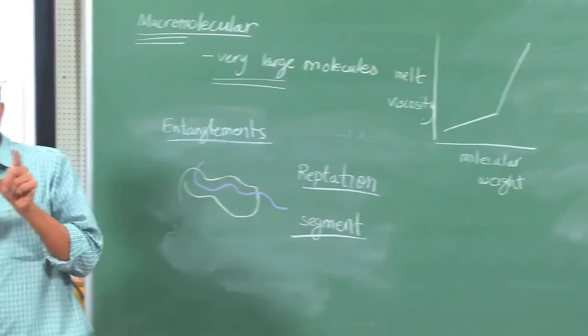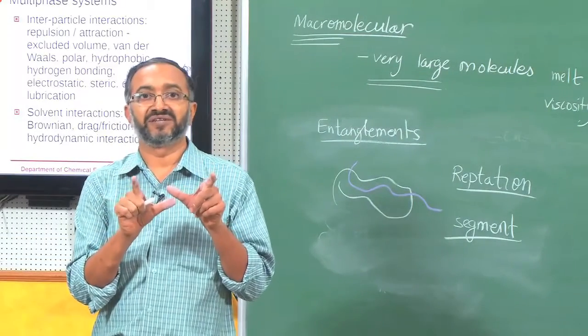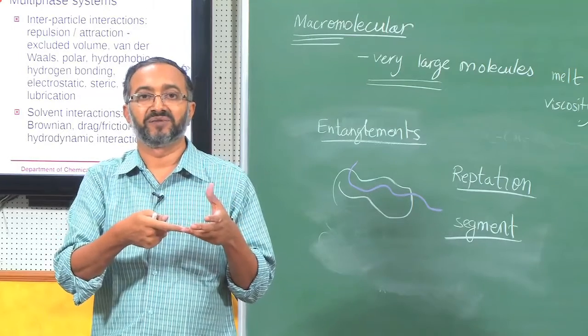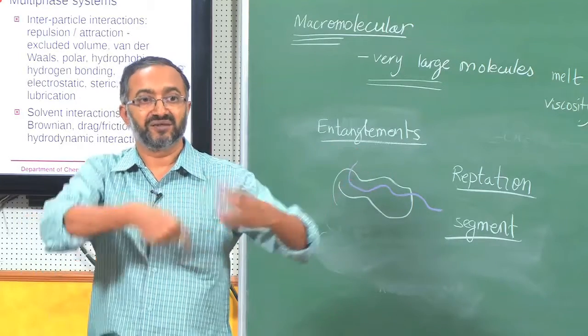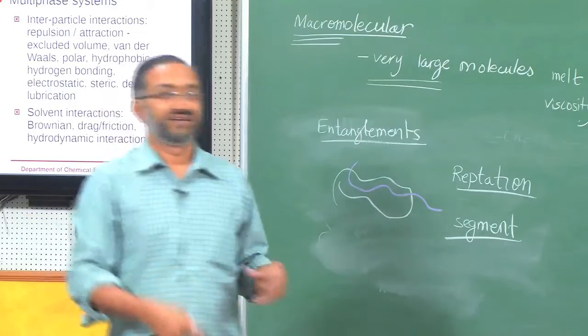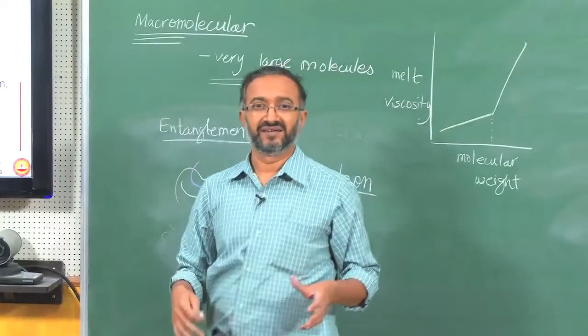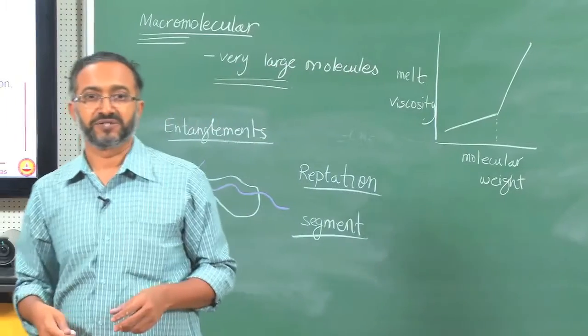If you have small molecules, then they do not entangle with each other. It is like if you cut noodles very small, then there will not be any entanglement, but if there are long noodles, then it will be easy for them to get entangled. So, entanglement happens whenever there is a critical length beyond which entanglements are possible.